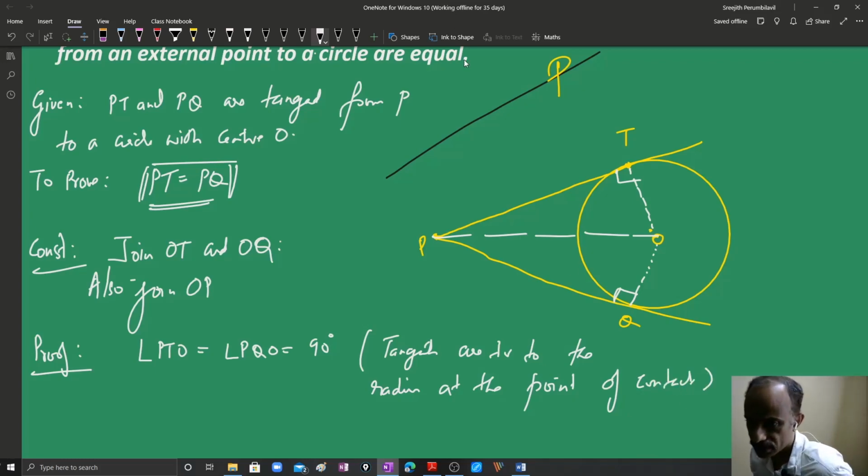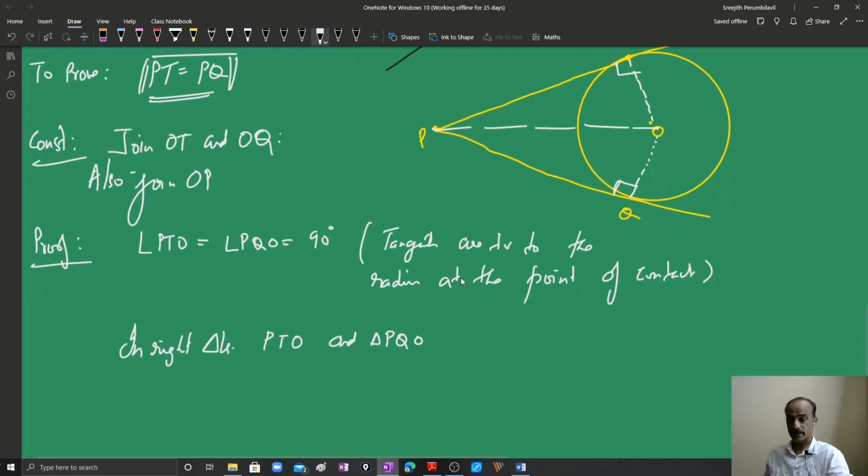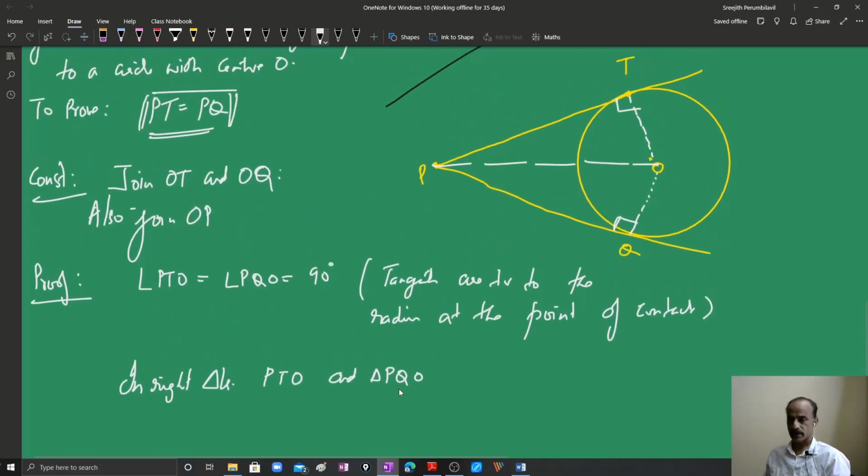So now let us consider 2 triangles. In right triangles PTO and PQO, we know that OP is equal to OP.